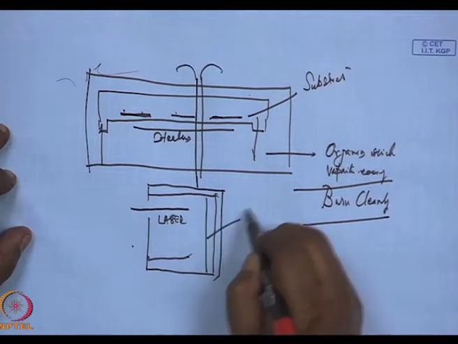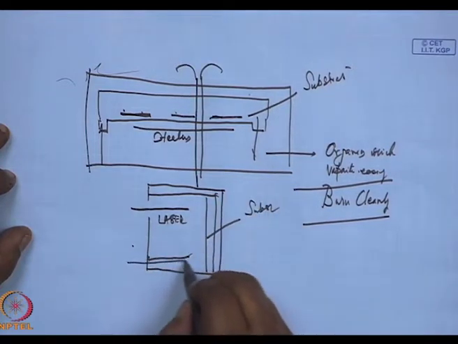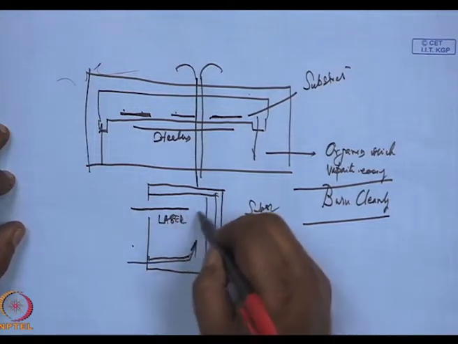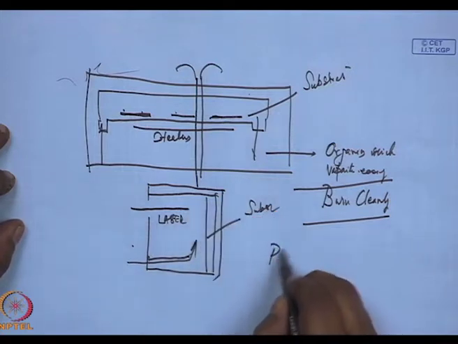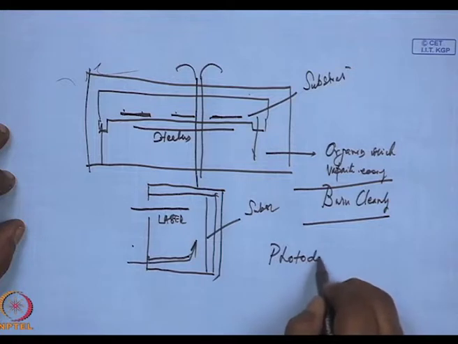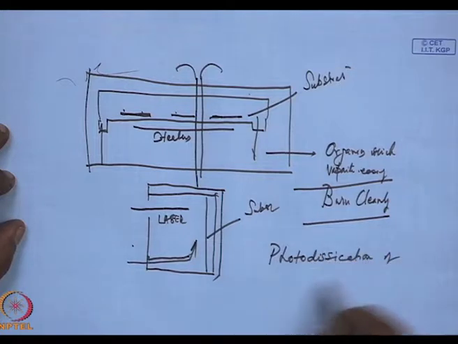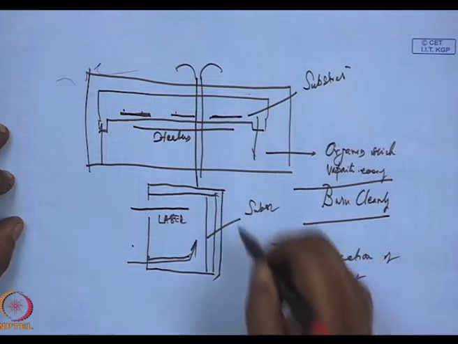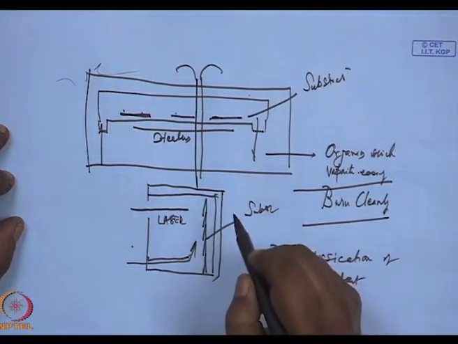This is the substrate. The gas is being fed through here. The laser beam would cause photo dissociation of the reactant, giving you a coating on the substrate surface.